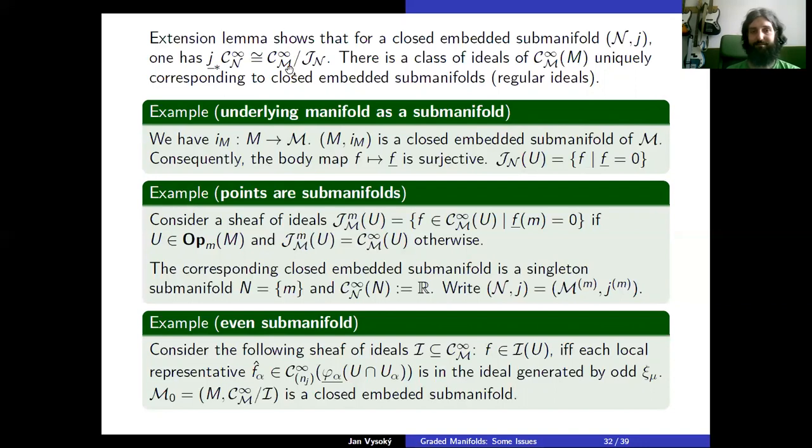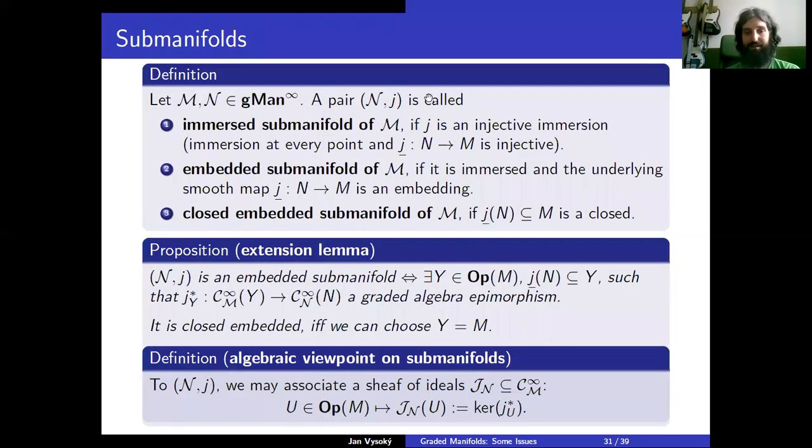And what is interesting is that there is a class of global ideals, just ideals, not sheaves of ideals, in this algebra, which uniquely correspond to closed embedded submanifolds, and they are called regular ideals. You can show that to every regular ideal there is a unique closed embedded submanifold up to diffeomorphism, and that this sheaf of ideals is in fact a regular ideal.